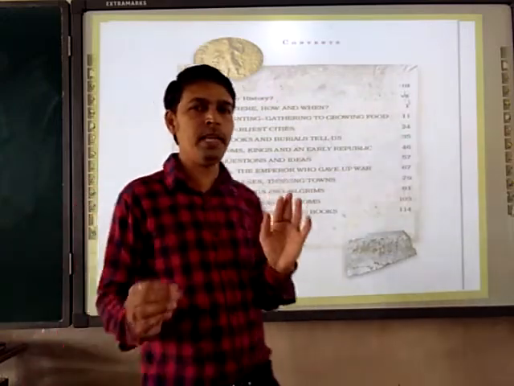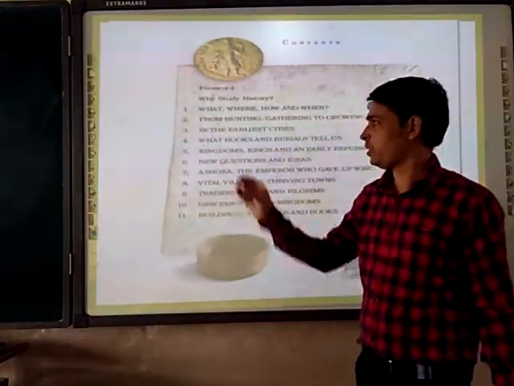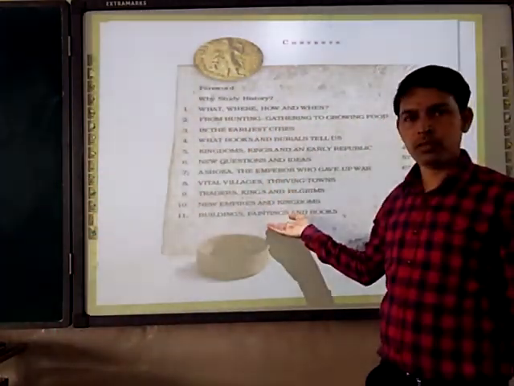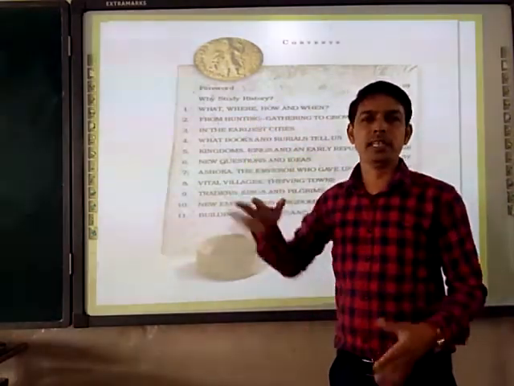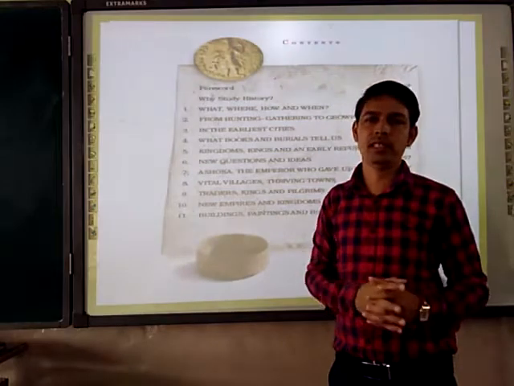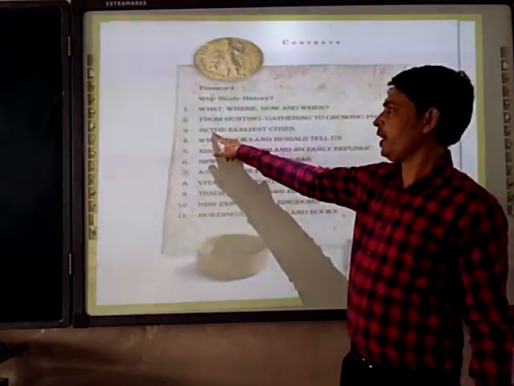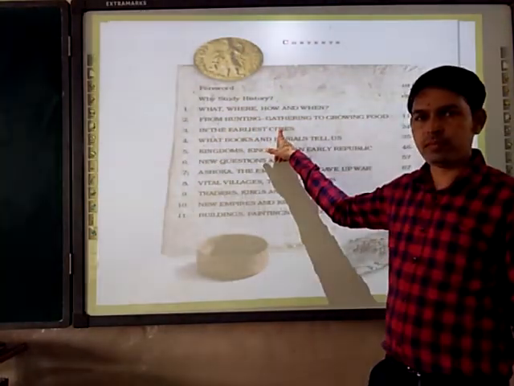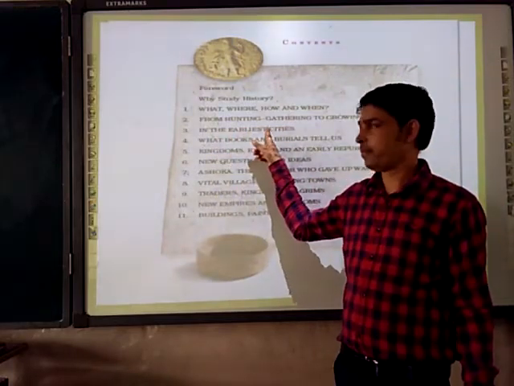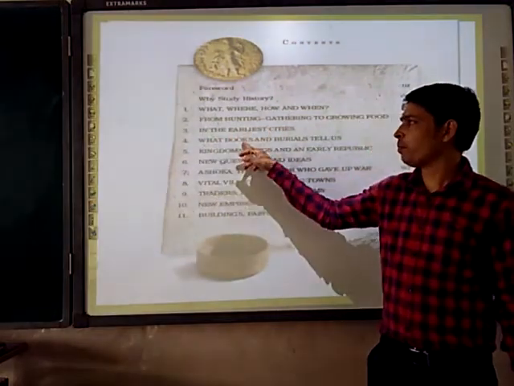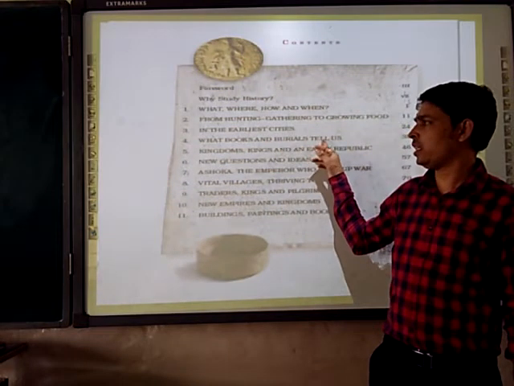The reason I am telling you to copy down a few points is that when you see your textbook, you can easily recognize, yes, these chapters are present in the history textbook. Third, In the Earliest Cities. Fourth, What Books and Burials Tell Us.